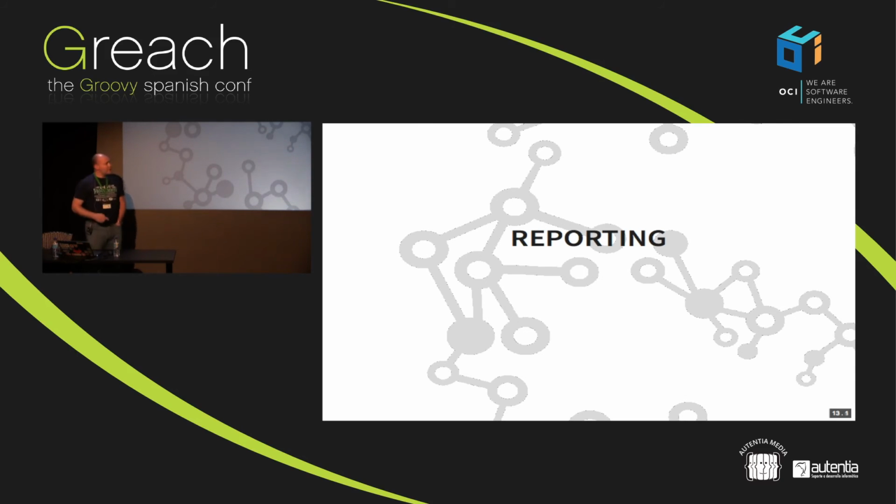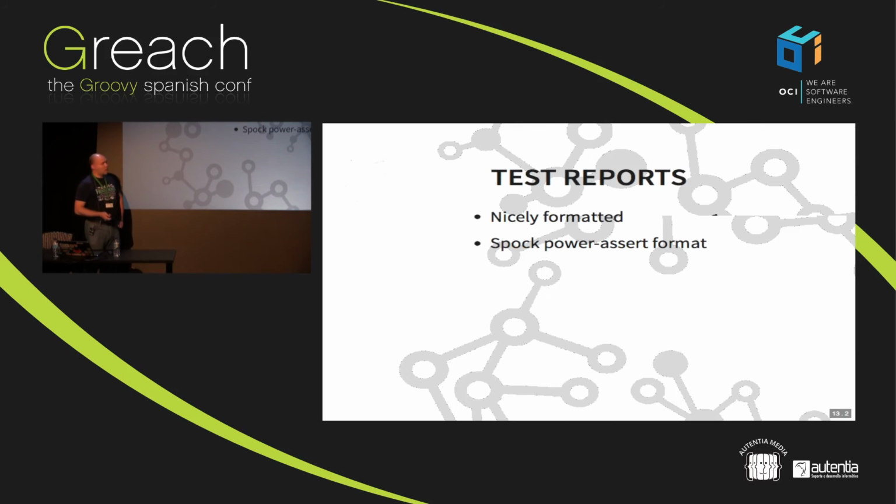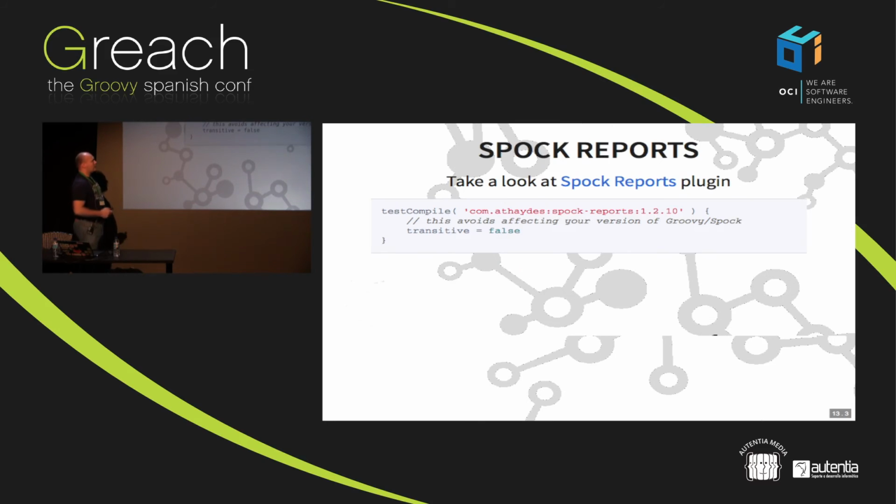All right. When it comes to reporting, well, by default, the Spock reports are nicely formatted, and you get all the output from the Spock power asserts. But I strongly recommend you to take a look at the Spock Reports plugin. It has really nice support when we're using JEP test, especially when you write your annotations outside the given, when, then blocks.